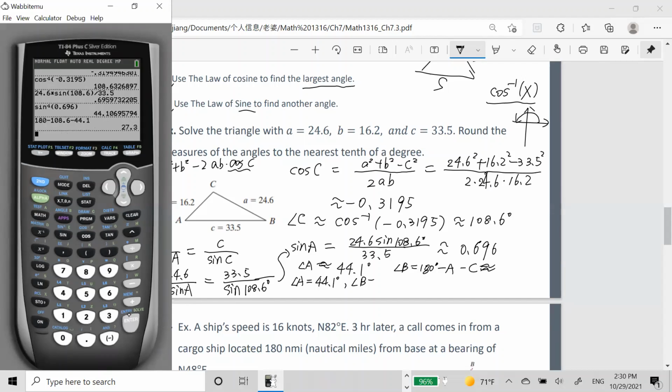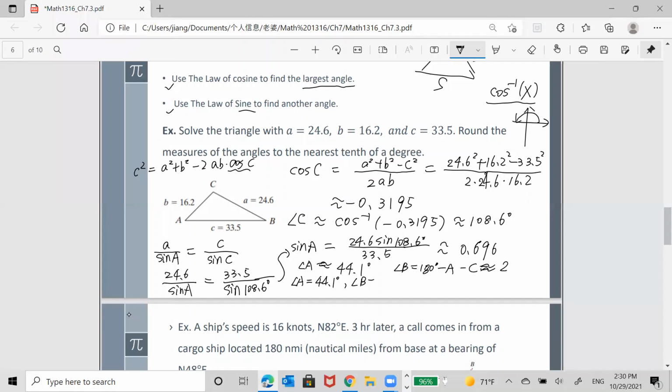Hit enter, that's 27.3. So B is about 27.3 degrees.